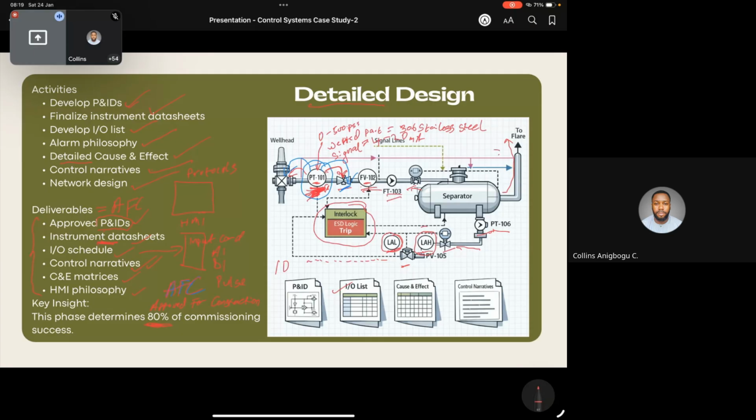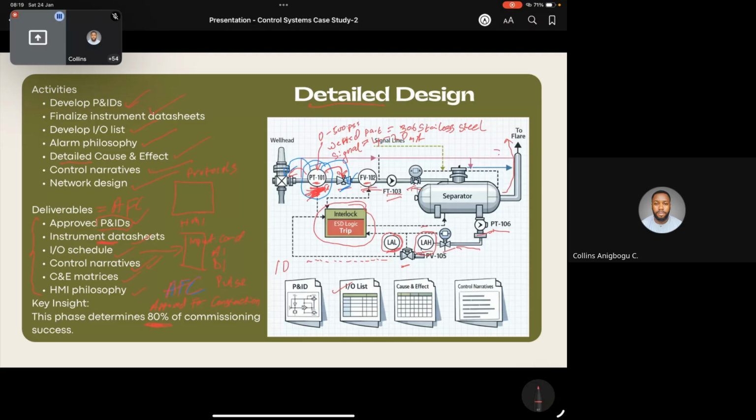You know, engineers speak in documents. So if I get to a plant now and you want me to look at something, one of the first things I'll ask for is, can you share the P&ID for this plant?